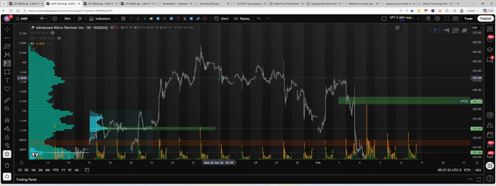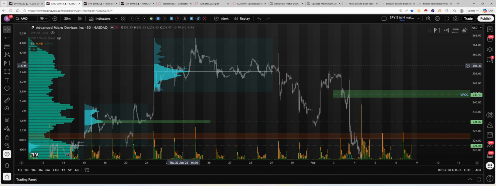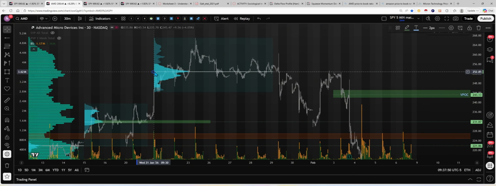Let's take a volume profile of this consolidation. So we see price oscillating through here. And when price pushes down, that's a discovery lower. Where does it pull back up to? The point of control of that consolidation zone.